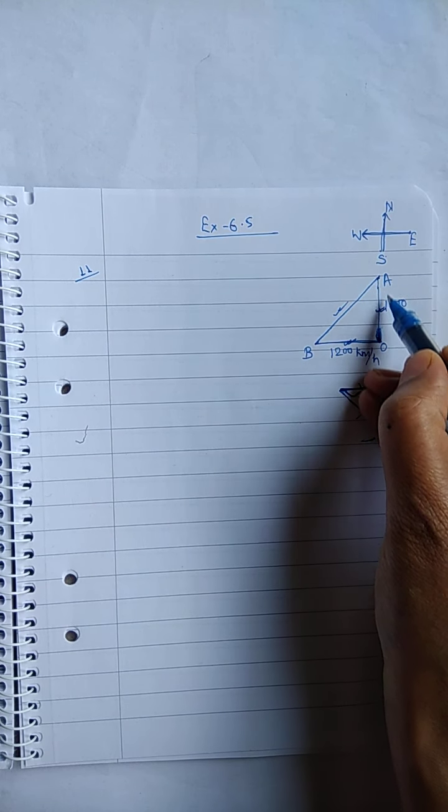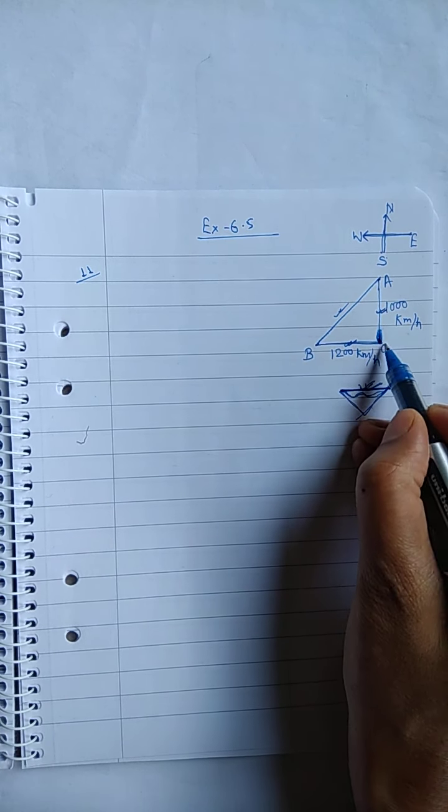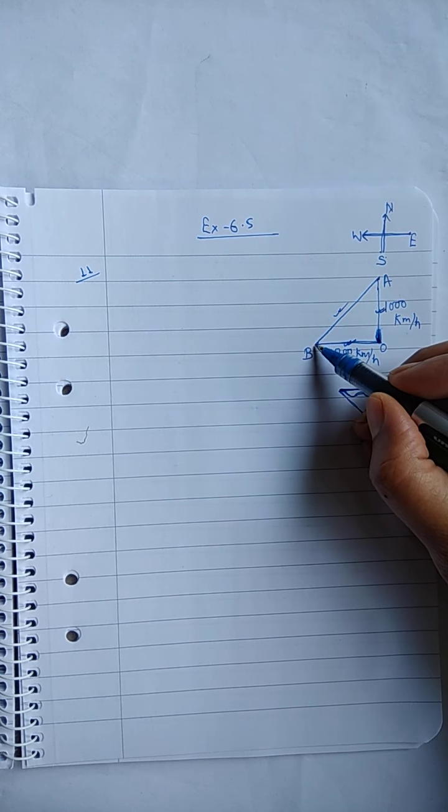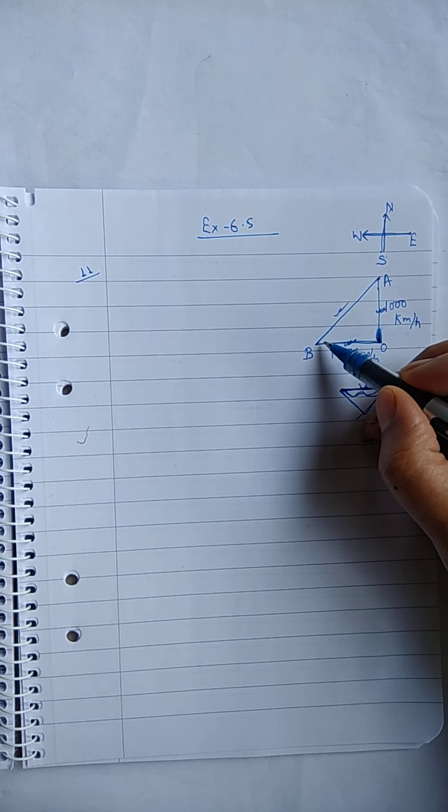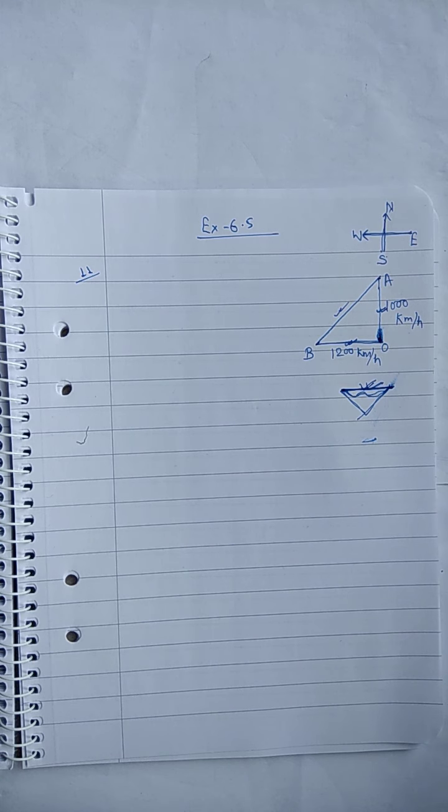It's not that we calculate OA and OB and sum them. AB is the distance between the two aeroplanes.